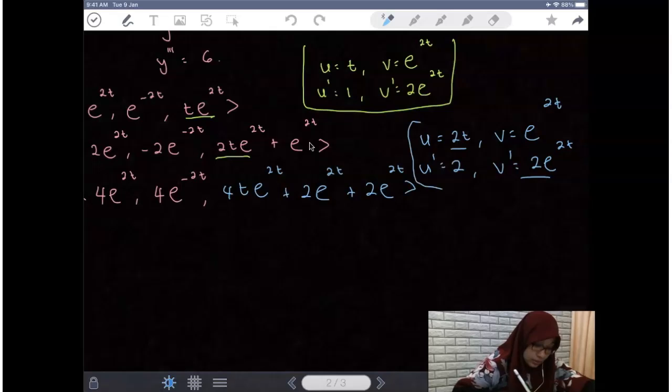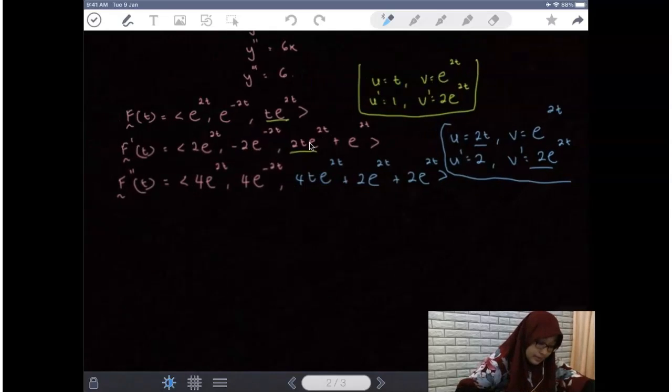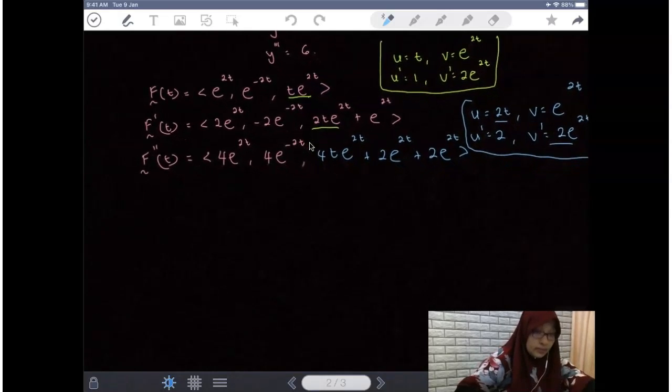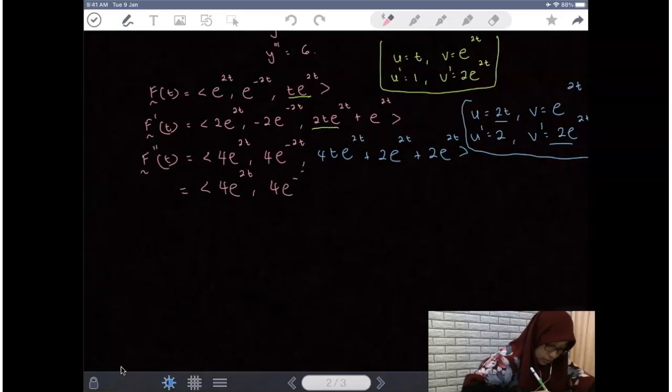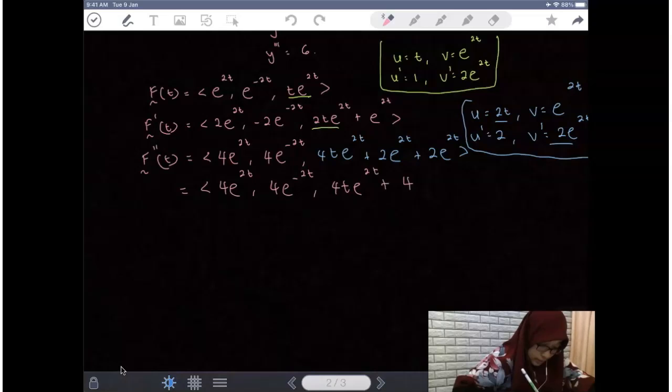Then we need to simplify. So we obtain 4e to the 2t, 4e to the minus 2t, 4t e to the 2t plus 4e to the 2t.